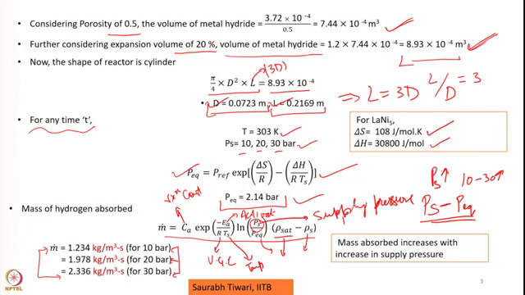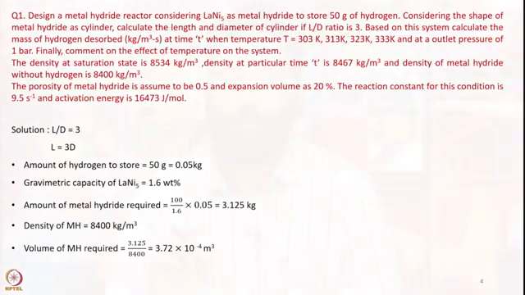So when we increase the supply pressure from 10 to 30 bar, the difference between the supply pressure and the equilibrium pressure continuously increases, which allows more hydrogen to be absorbed inside the metal hydride reactor. So the effect of pressure asked in the question is that when we increase the supply pressure, the driving force increases, which increases the amount of mass absorbed inside the metal hydride reactor.